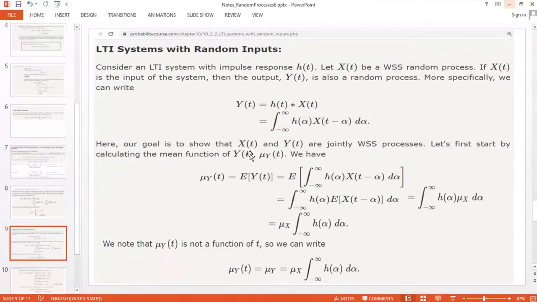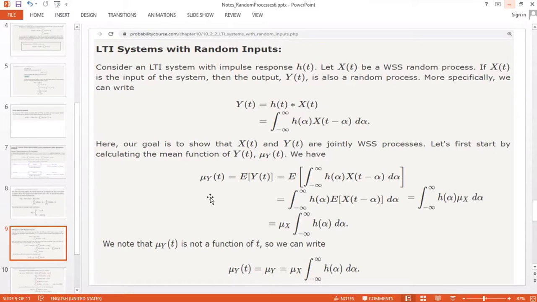Because x(t) is already given as wide sense stationary, to prove x(t) and y(t) are jointly wide sense stationary, you have to prove first that y(t) is also a wide sense stationary process, and then prove their cross correlation function is also a function of the time difference, tau.